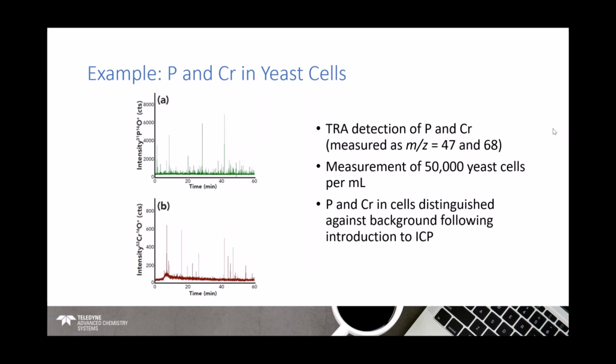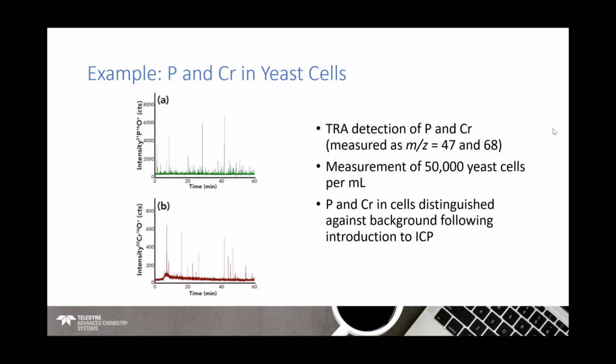Like the last set of yeast samples, this was a measurement of 50,000 cells per milliliter, and we're successfully capturing data here for phosphorus. These individual spikes, these individual events, are there for both phosphorus and chromium as well.